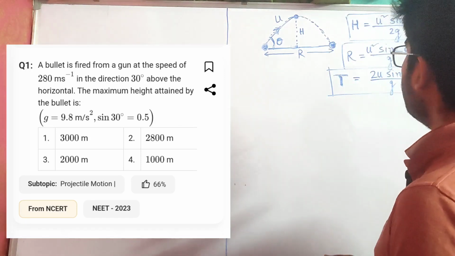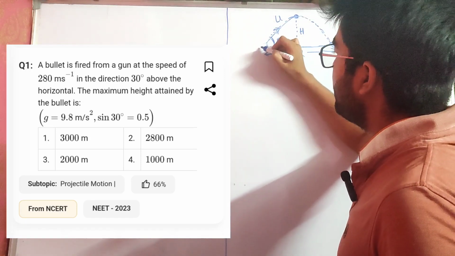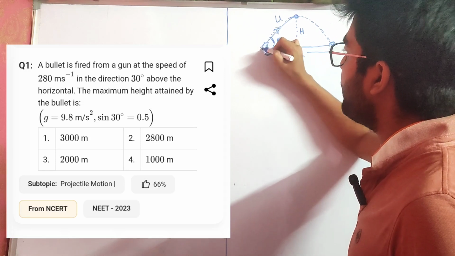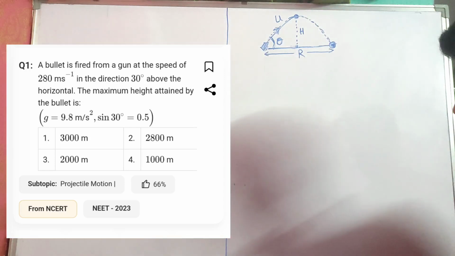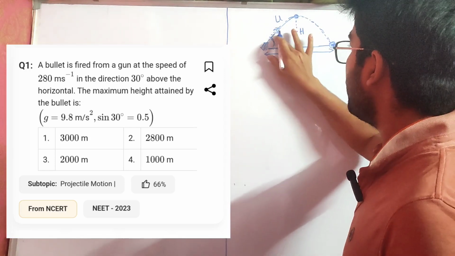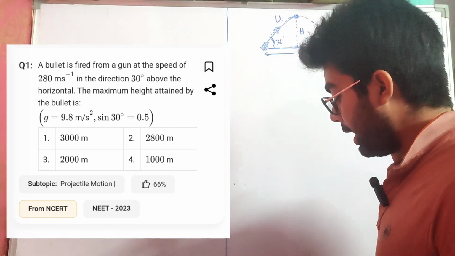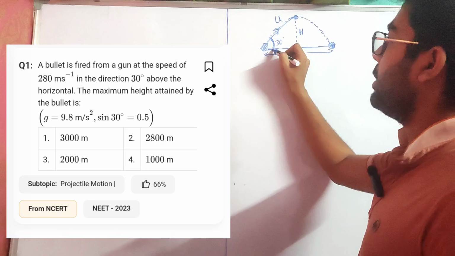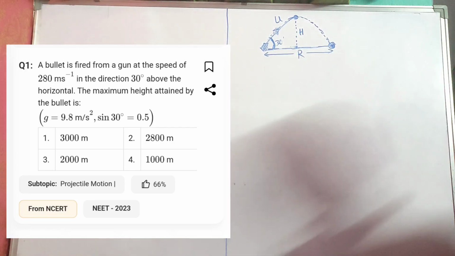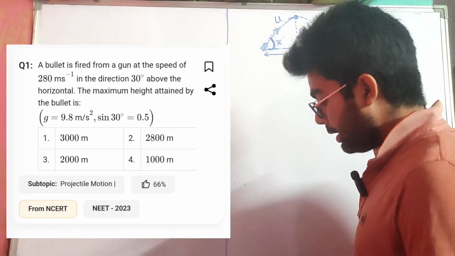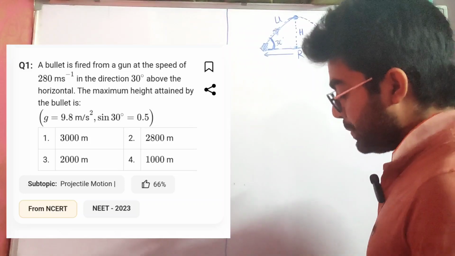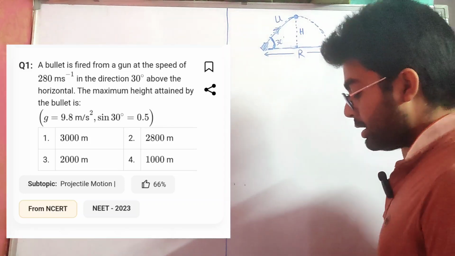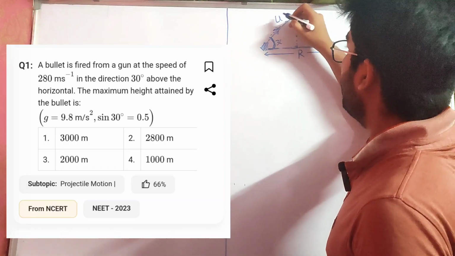A bullet is thrown in projectile motion, and the angle theta equals 30 degree above the horizontal, and the speed of the bullet from the gun is 280 meter per second.